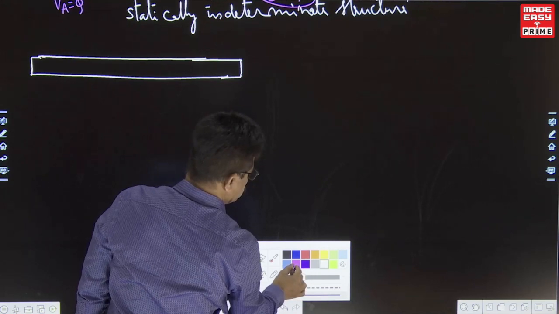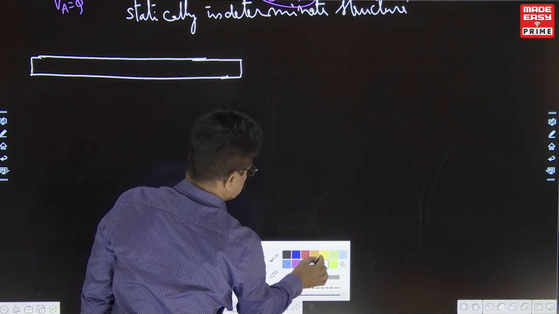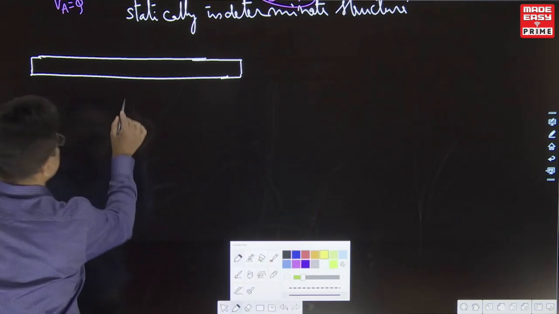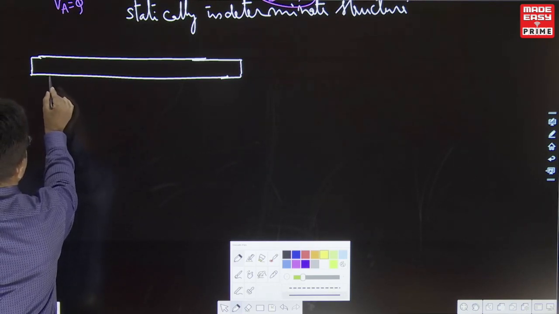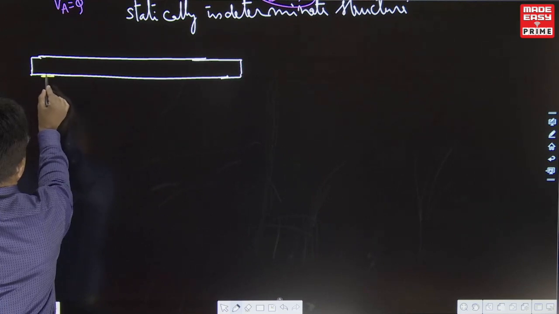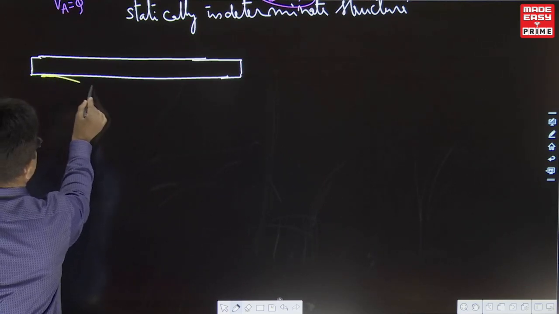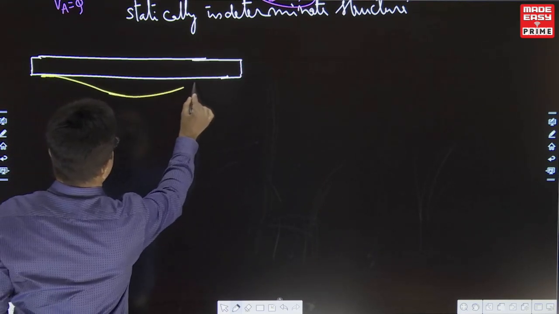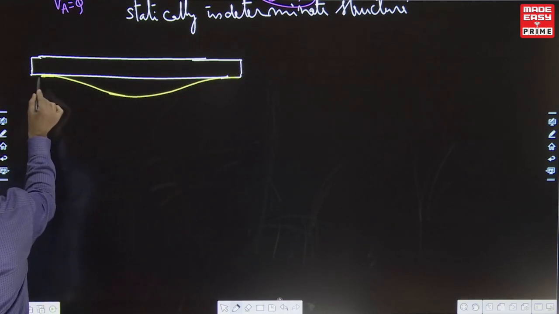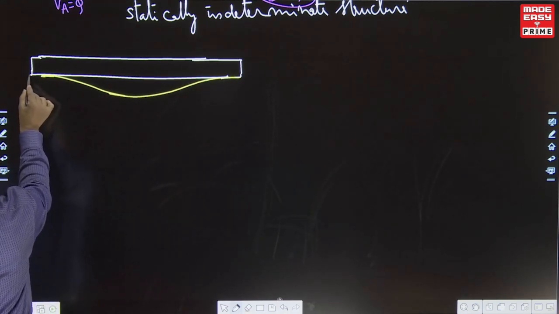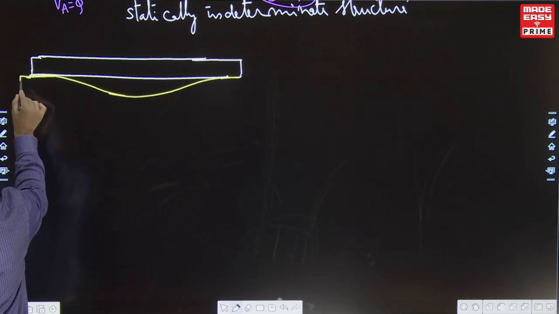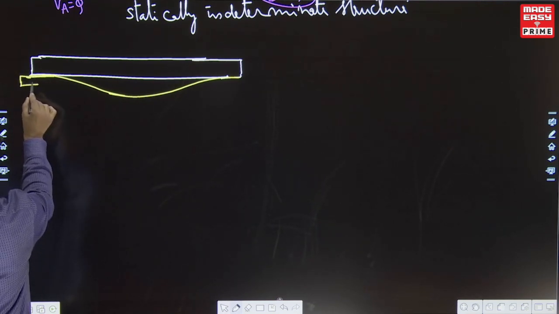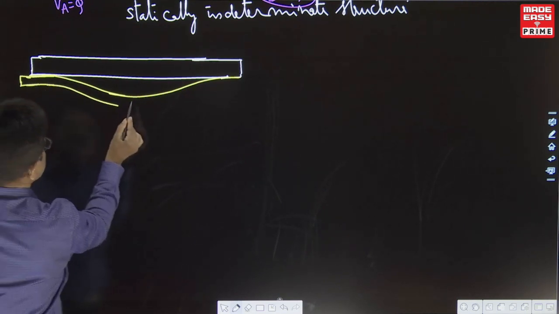To this one, we have attached another plate so that it deflects, say, like this. This plate thickness is relatively less, let us say.